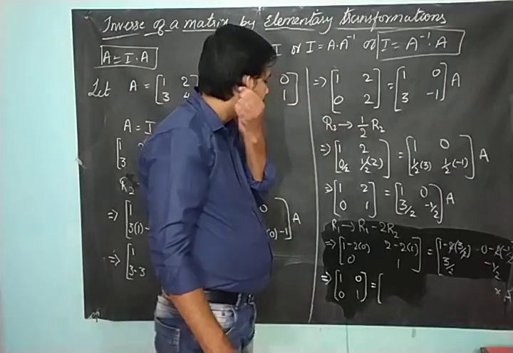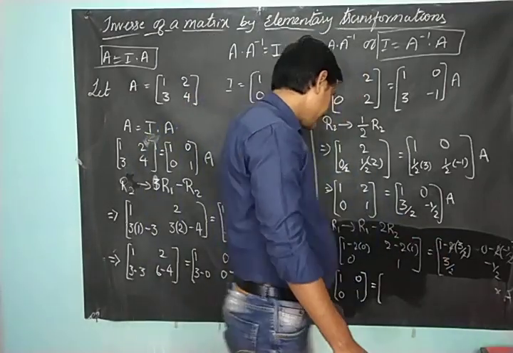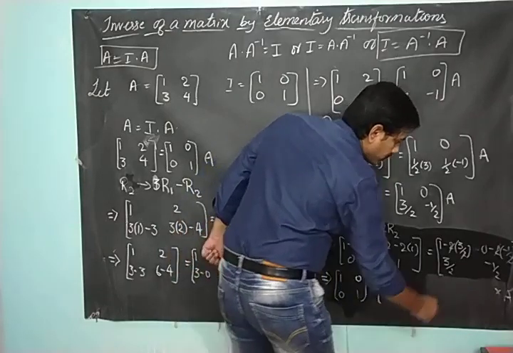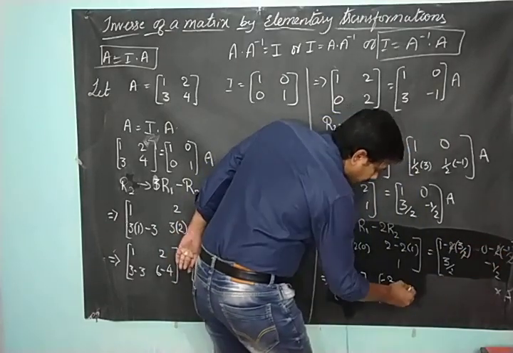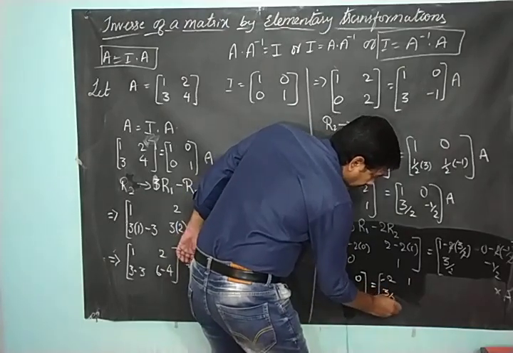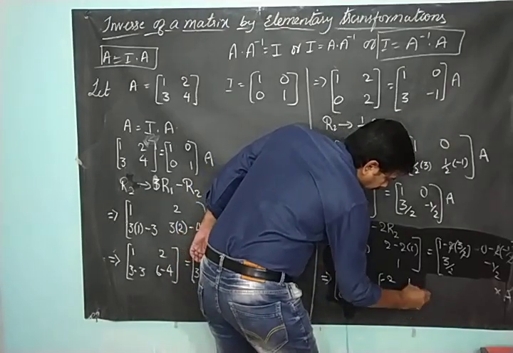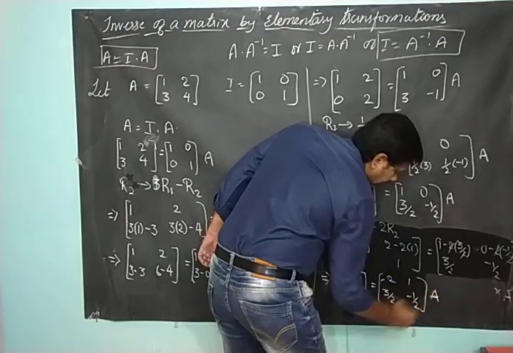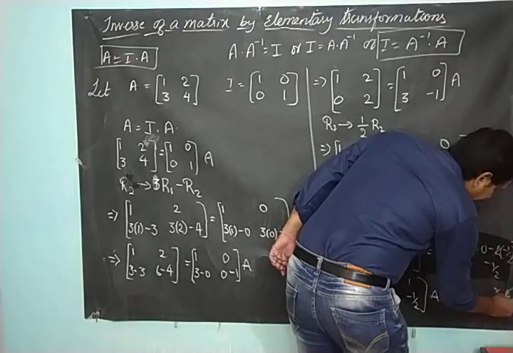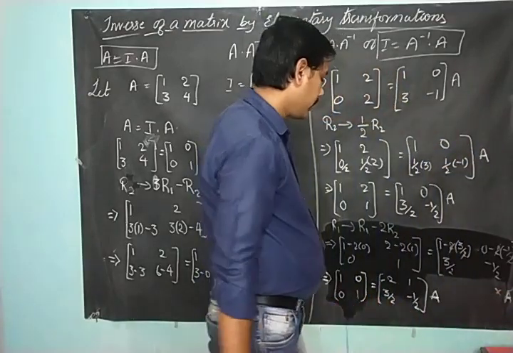So what remains? 1 minus 3 minus 2 and 0 minus of minus 1, that is plus 1. 3 by 2 minus 1 by 2 into A. Into A as it is. So into A.